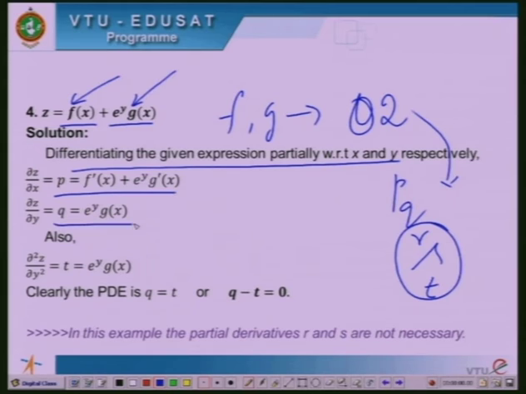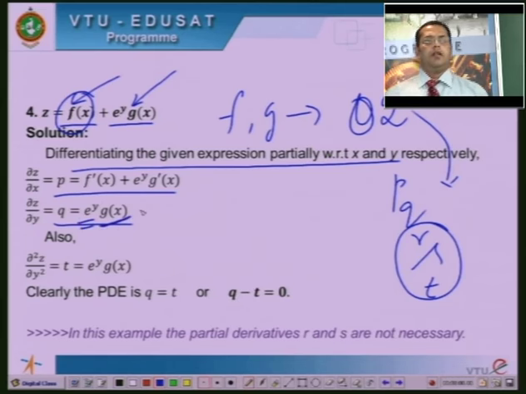Now, if you differentiate partially with respect to y, dou z by dou y, f of x is a constant with respect to y. So, that is equal to 0. In e power y g of x, only e power y contains y, whose differentiation gives you again e power y itself into the multiplied function g of x as it is.